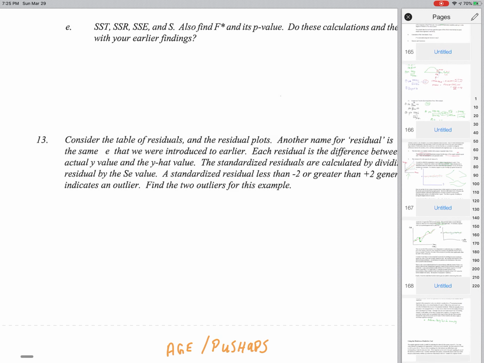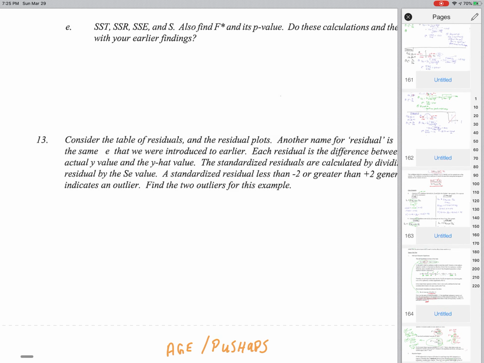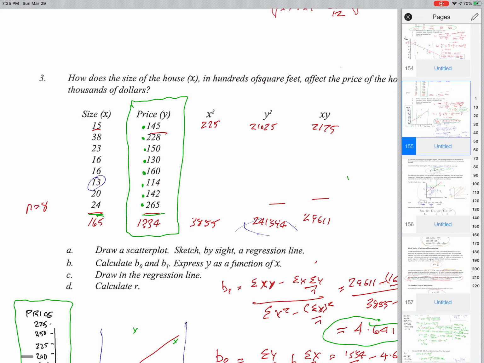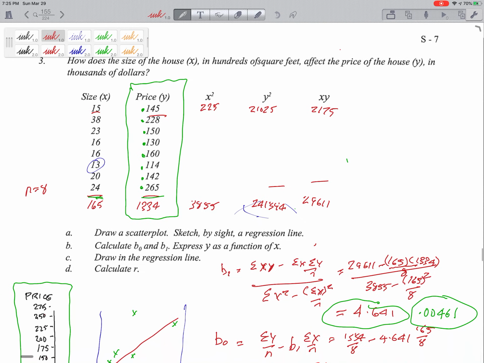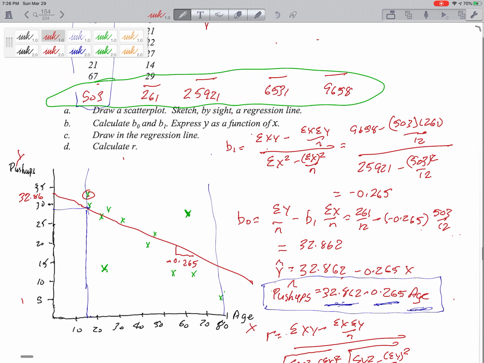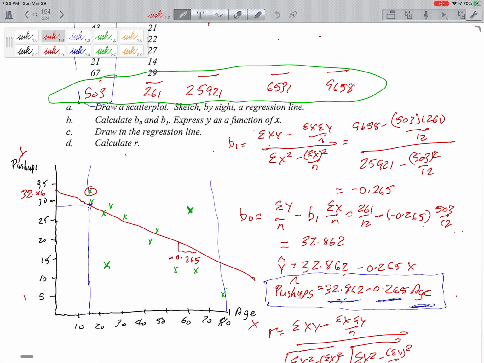I want to show you actually the plot here that we did way back on page S6. So that was on page 154 up here, right there. So this is when we were first introduced to the push-ups example, age push-ups example.